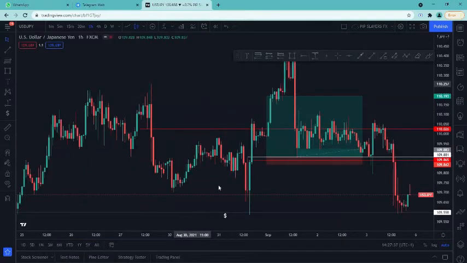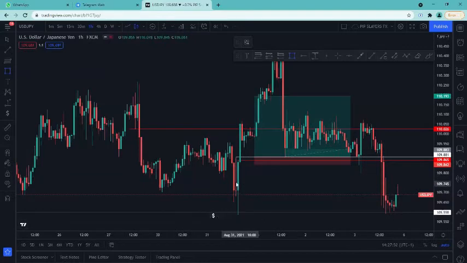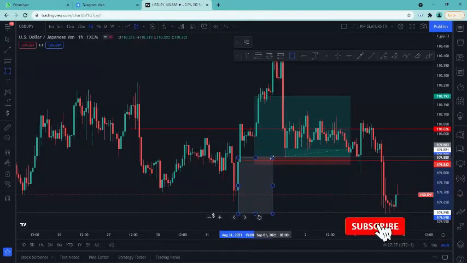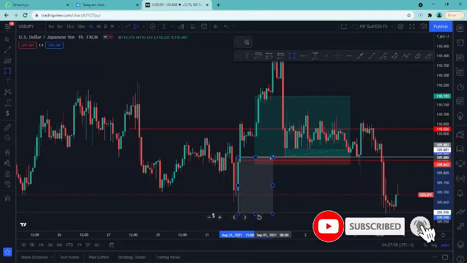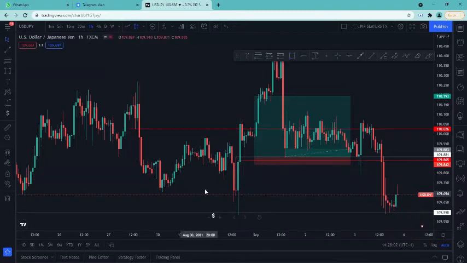On the 1 hour time frame, we still have this order block, just like the one we saw on the 4 hour. Still risky, still risky. So we move down to the 30 minute.